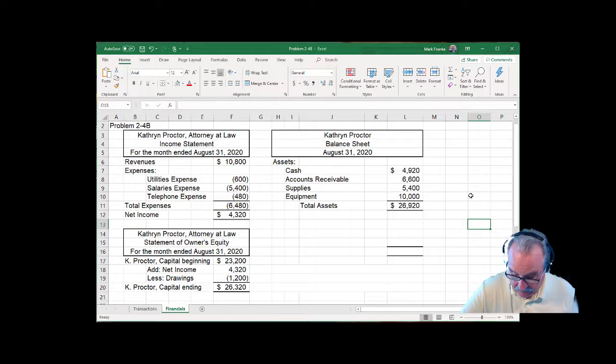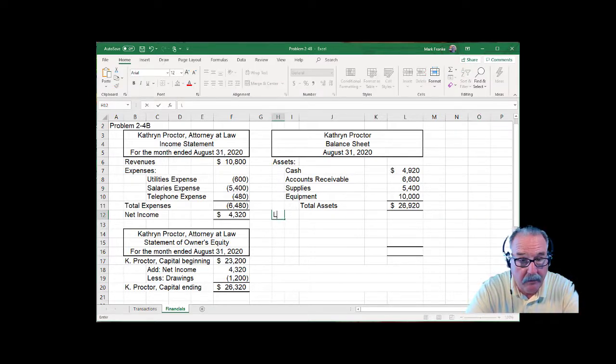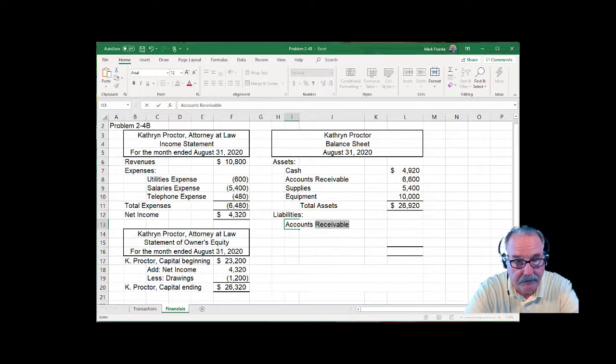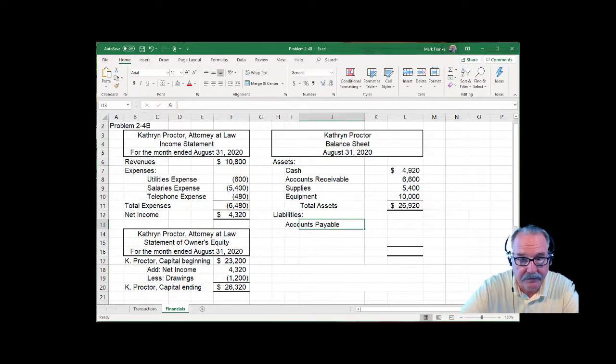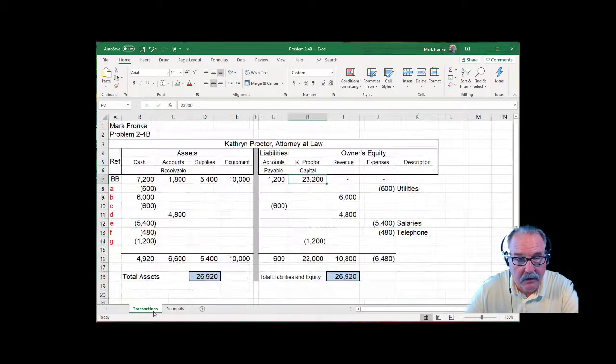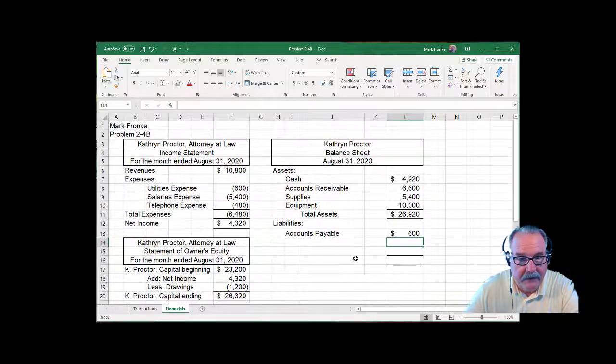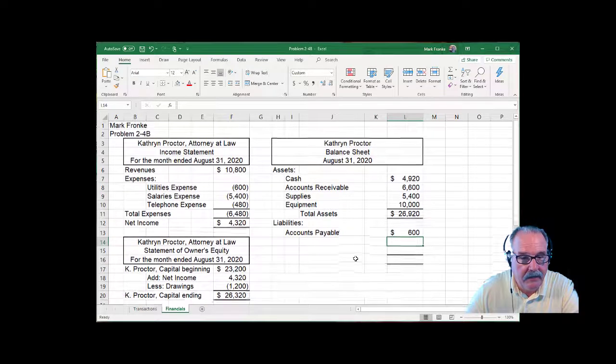And that's a normal accounting convention. So, liabilities, we have one, accounts payable. And it's $600. That comes from the accounts payable column in our transactions schedule that's over here.